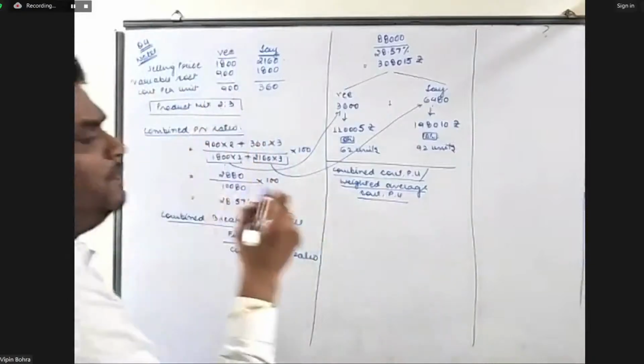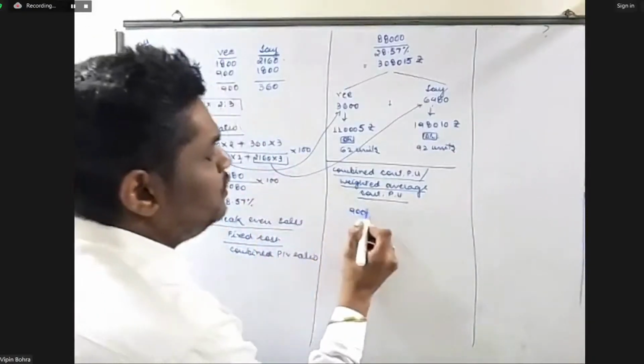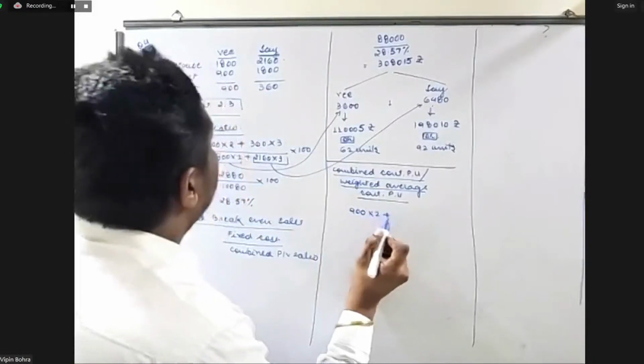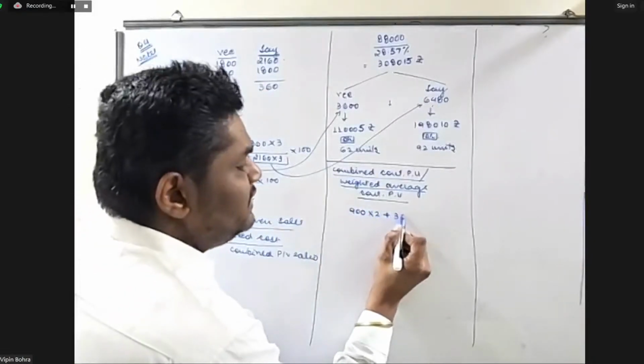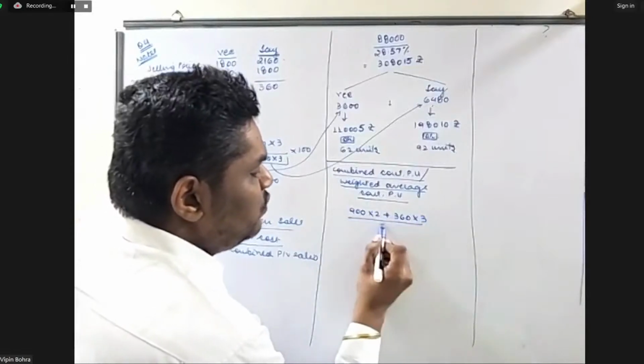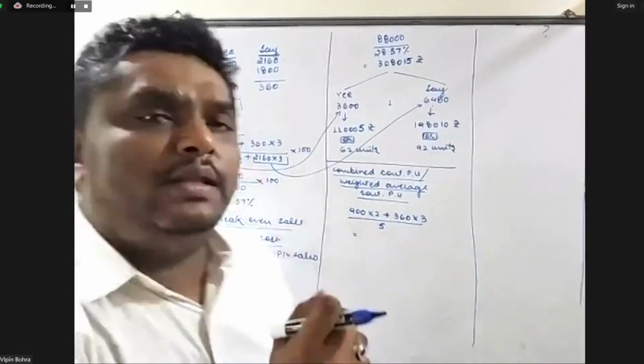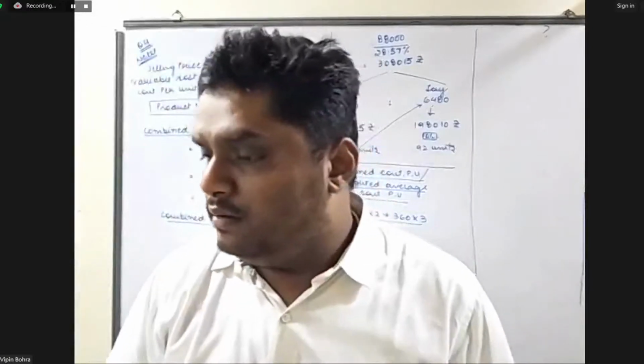So my contribution per unit is 900 into the weight 2 plus 360 into 3, divided by 3 plus 2, 5. So this is the simple weighted average method to calculate the combined weight.